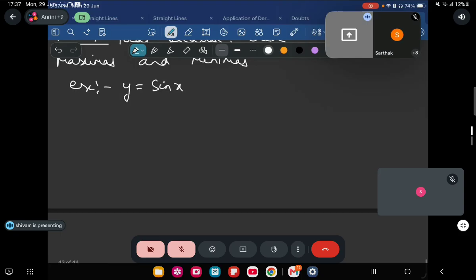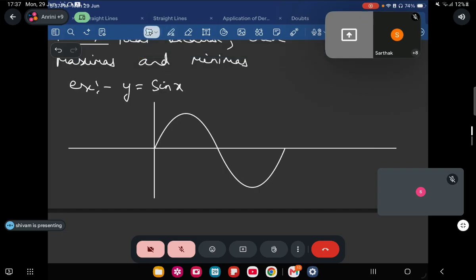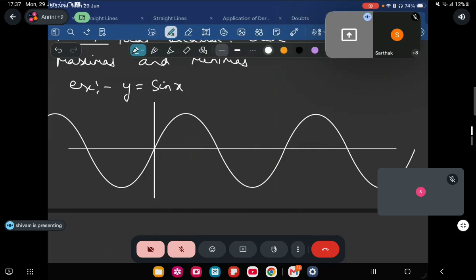Y equal to sine x has a lot of maximas and minimas, right, everyone? Infinitely many local maximas and local minimas. Are people getting? Anyone having any doubt, you can ask me. Yes, we're getting a lot of local maximas and local minimas.